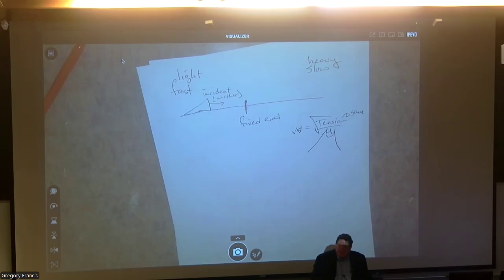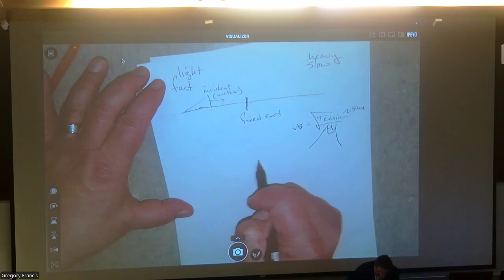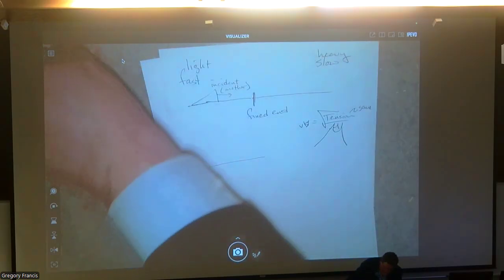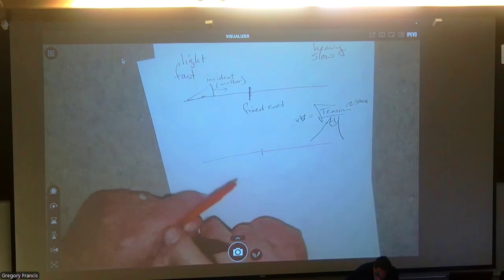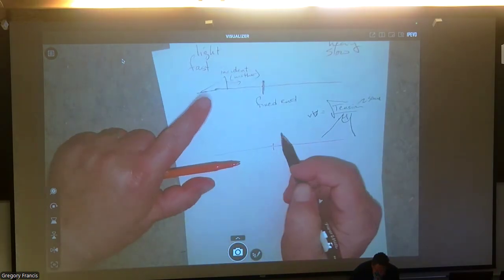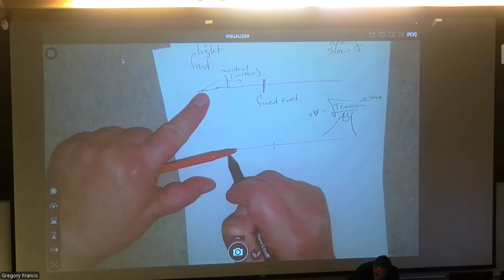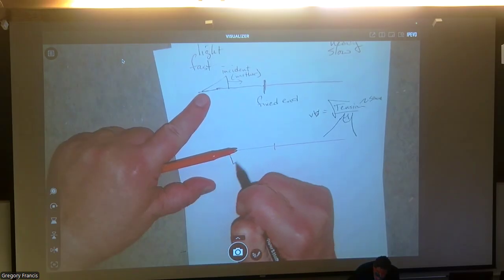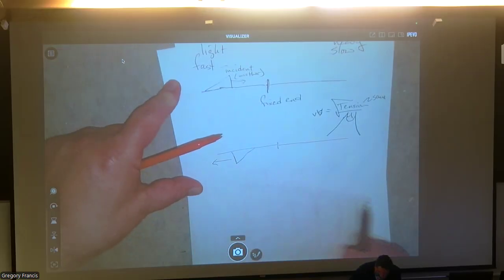If it came in on bottom, it goes off on top. It inverts. And so when these guys split, the reflected one is going to be inverted. It's going this way.